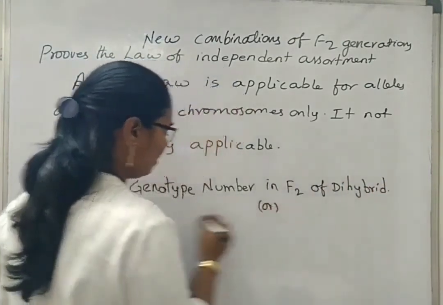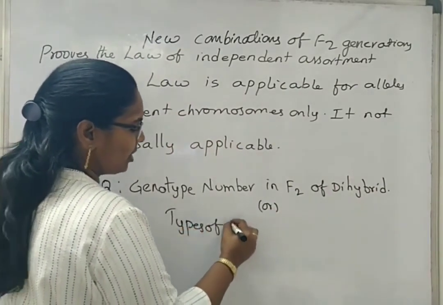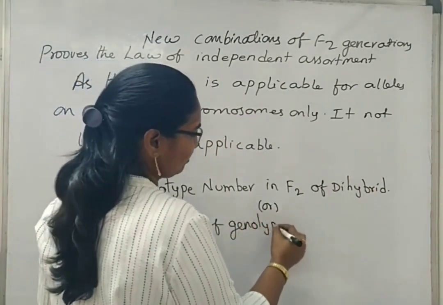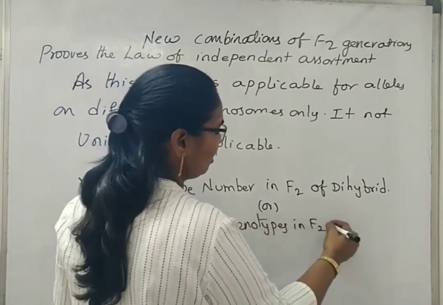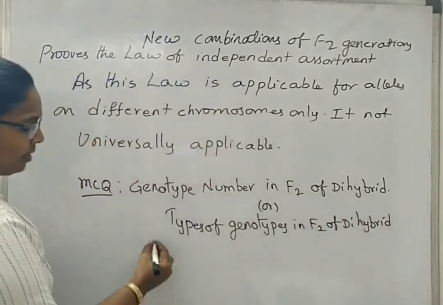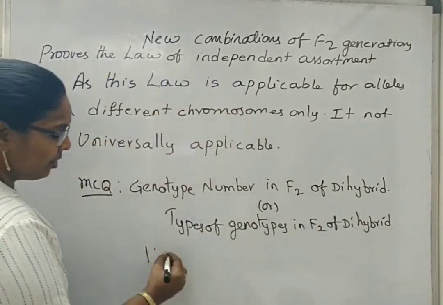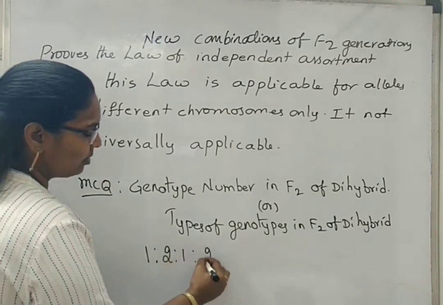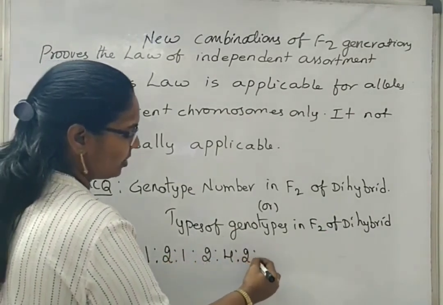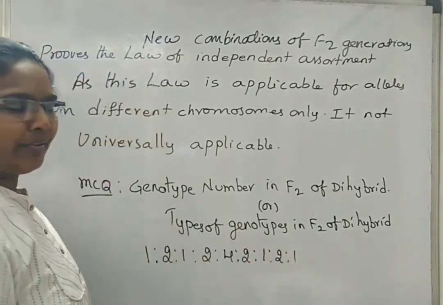Or if a question was confusingly asked as types of genotypes in F2 of dihybrid, then also the answer is what we have got just before, if you go back and see the video: 1:2:1, 2:4:2, 1:2:1. This one you can learn by framing your own small logics.